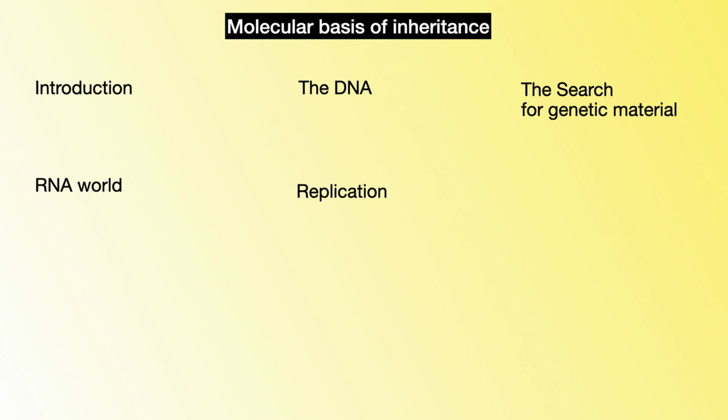This is called the replication fork. When DNA polymerase enzymes work in the replication fork, two types of new strands are formed: continuous strand and discontinuous strand. The discontinuous strand is joined by DNA ligase.